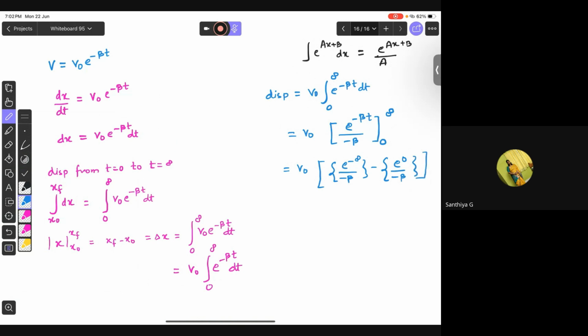Here minus and minus becomes plus, and e power 0 is 1. So it's going to be v naught into 1 by beta. So even though it moves till infinity, the total distance it covers is v naught by beta. Clear?